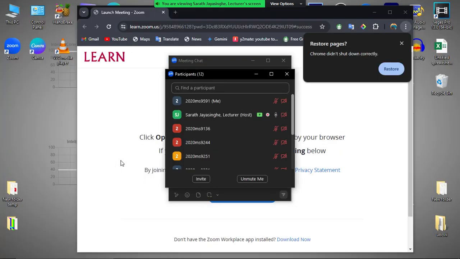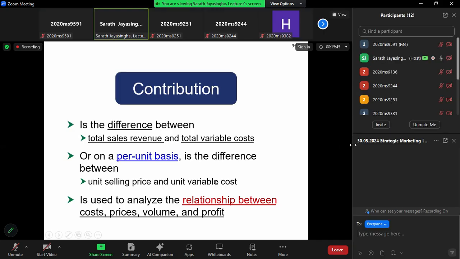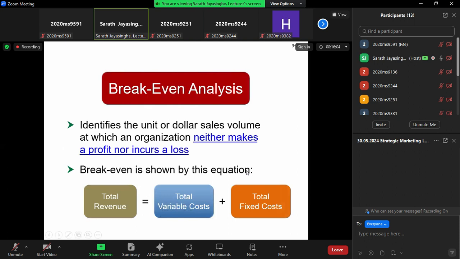If you subtract unit variable cost from selling price, you get the contribution per unit. It is used to analyze the relationship between cost, prices, volume, and profit. You can understand that relationship through this contribution analysis.